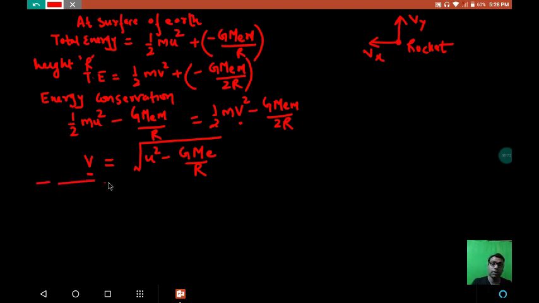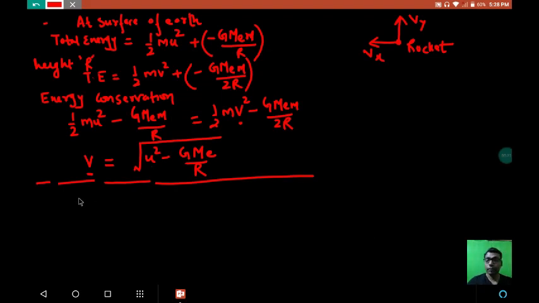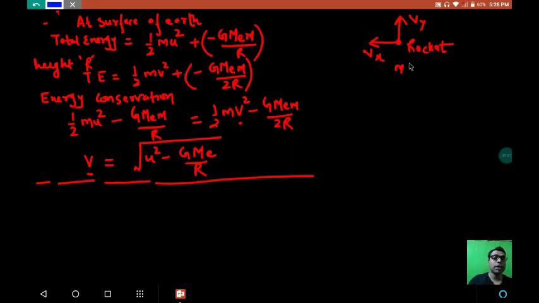The mass of the rocket will be m by 10. The momentum is mass into velocity, calculated in the horizontal and vertical directions, in the x direction and in the y direction. So conservation of momentum says that the momentum before the ejection should be equal to the momentum after.